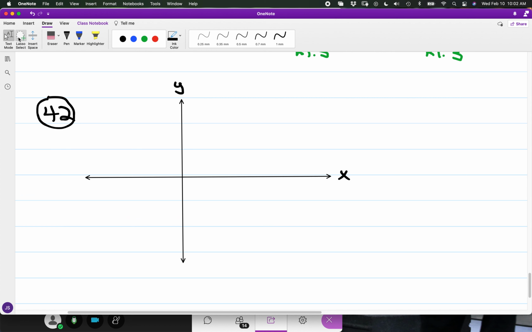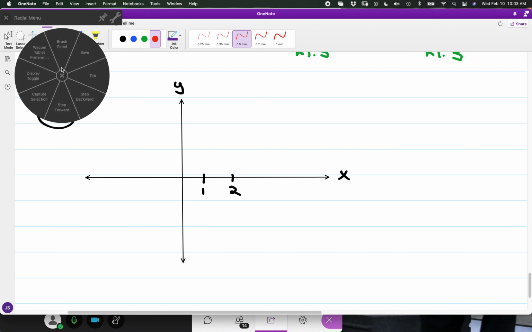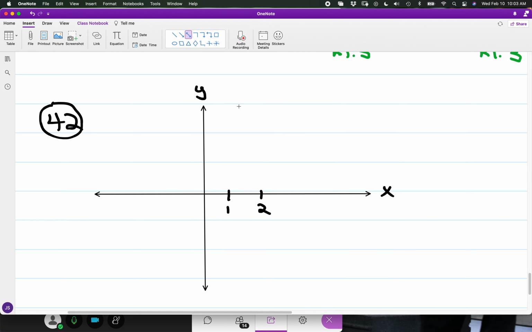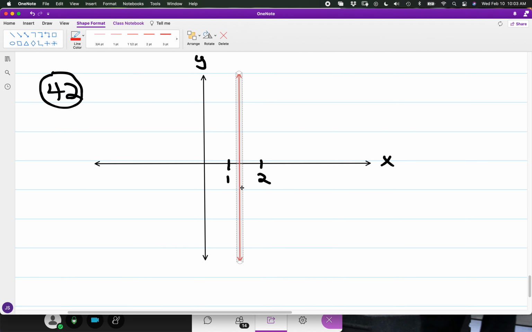All right, so in this case we have a line between 1 and 2, a line continuously running up and down.